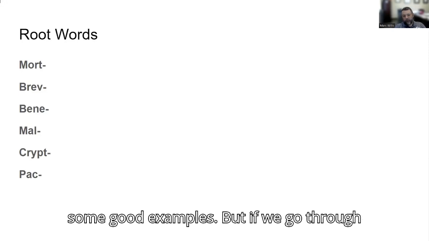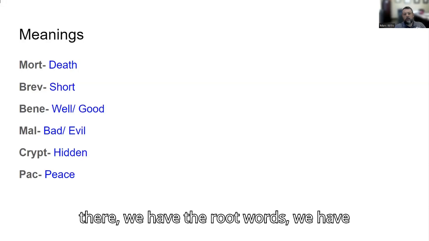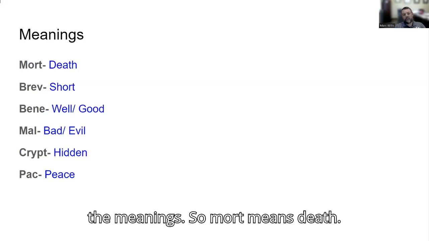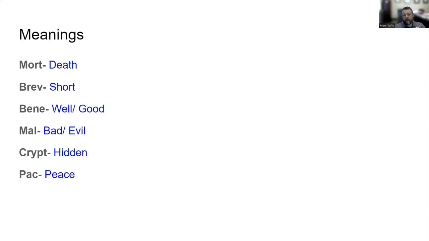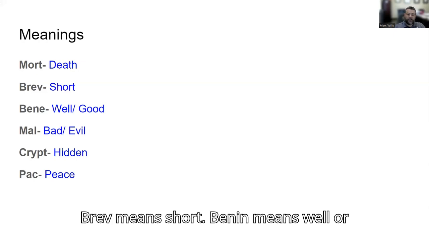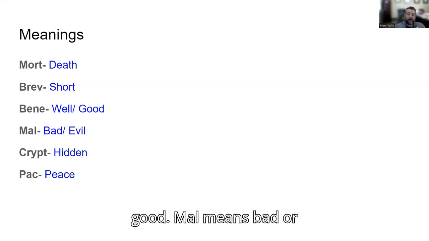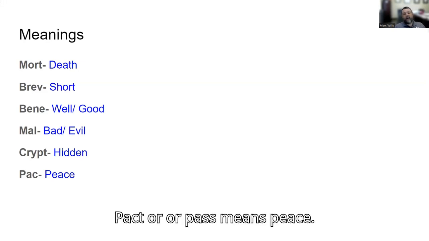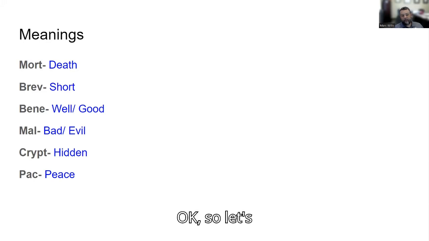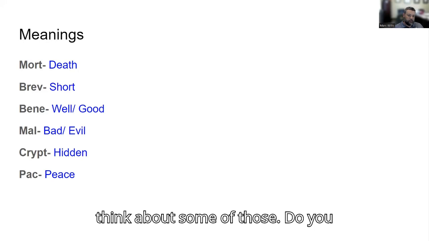But if we go through there, we have the root words. We have the meanings. So mort means death. Brev means short. Bene means well or good. Mal means bad or evil. Crypt means hidden. Pac or pass means peace. Okay? So let's think about some of those.